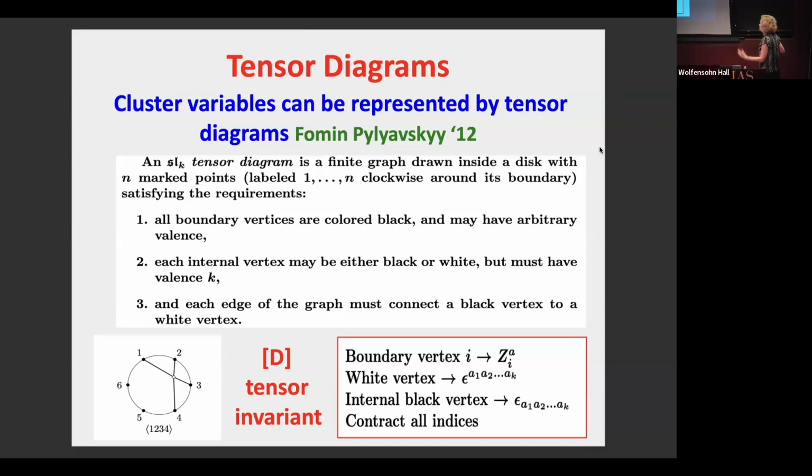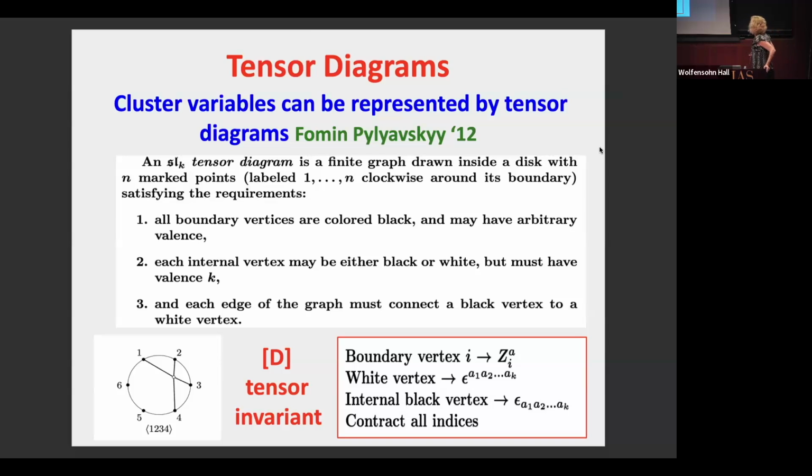If you don't, you'll have to read the papers. But the upshot is that these are well-known rules, and to each tensor diagram, one associates a tensor invariant by a certain rule, again, well known. For example, this is a tensor diagram, and from this tensor diagram, the associated tensor invariant is 1, 2, 3, 4, the blue curve.